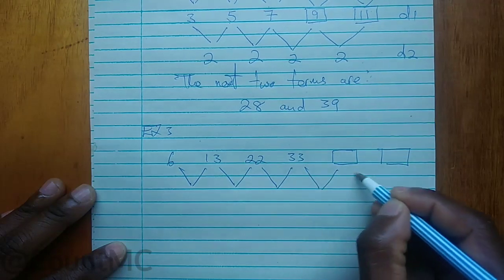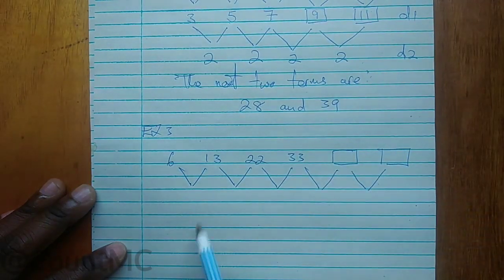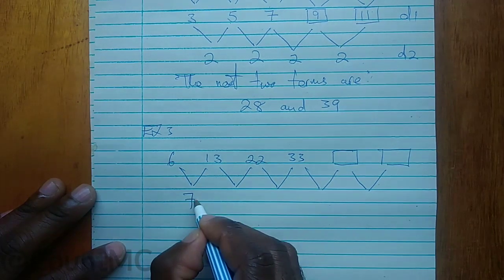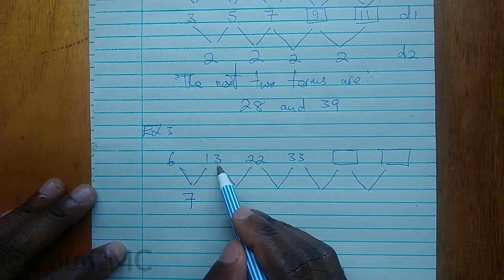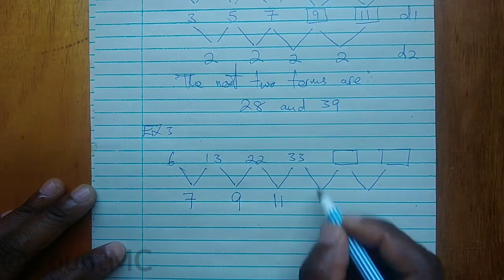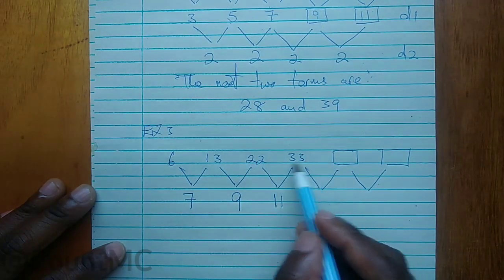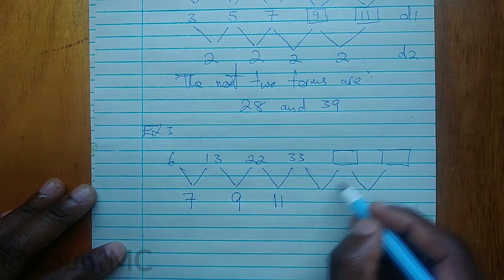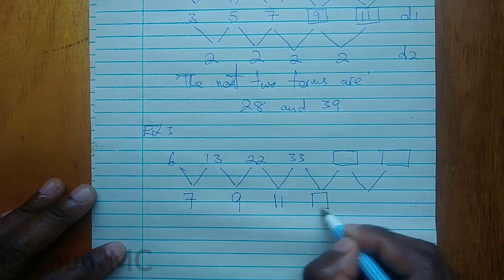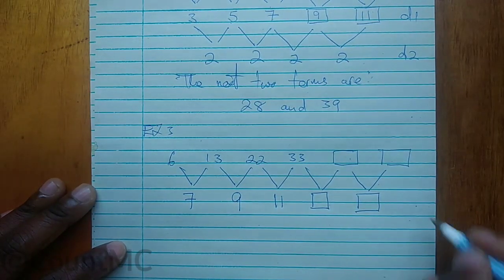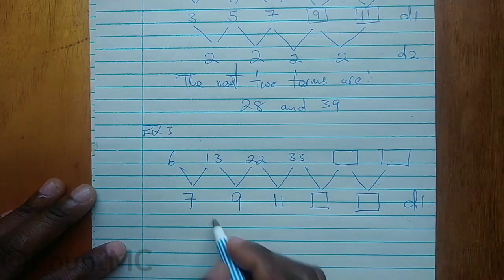So this is the first step, always: 13 minus 6, that's a 7. 22 minus 13 should be 9. 33 minus 22, it's 11. This minus that we don't know, because if there's a blank box close to that, we also put a blank box. So this is not linear.